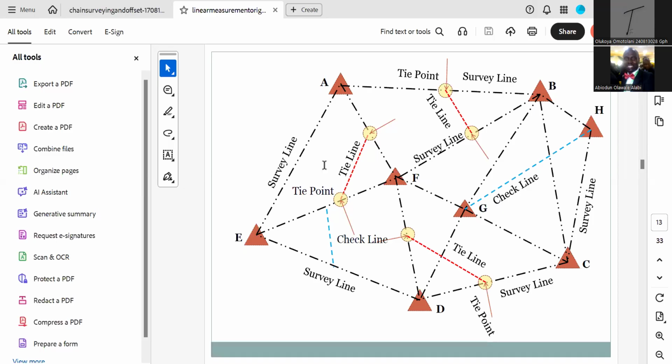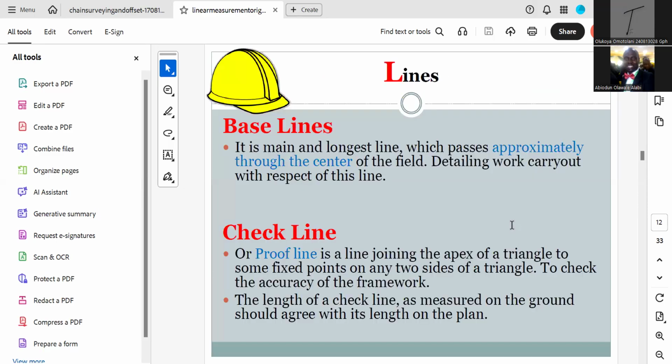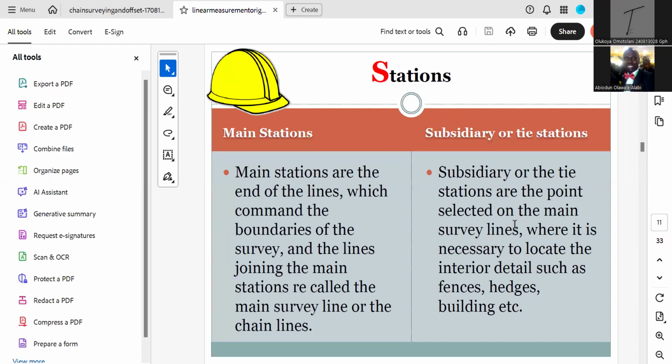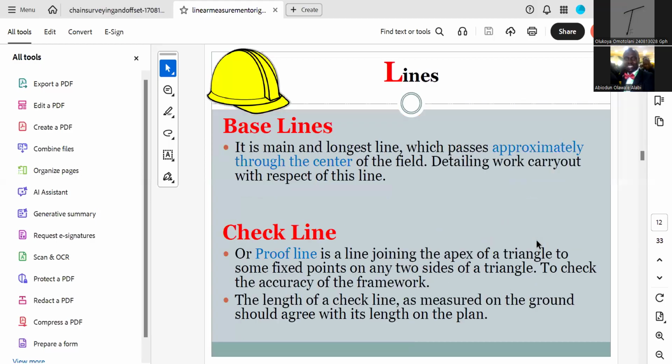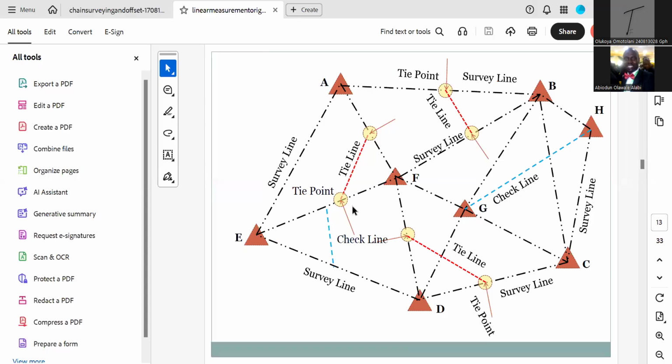So let's go back. Now we have subsidiary or tie stations, which are points selected on the main survey lines where it is necessary to locate interior details, such as fences, edges, buildings. So let me go back to the diagram. Any points on the main survey line are called subsidiary stations or sometimes tie stations.